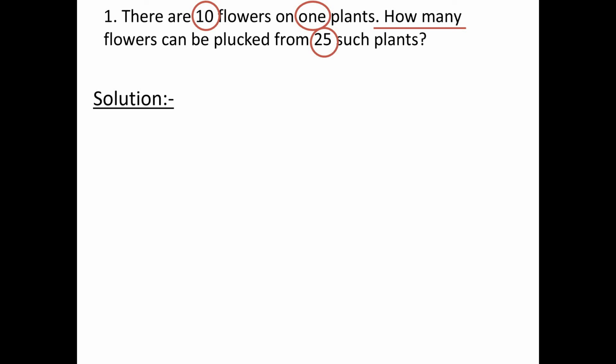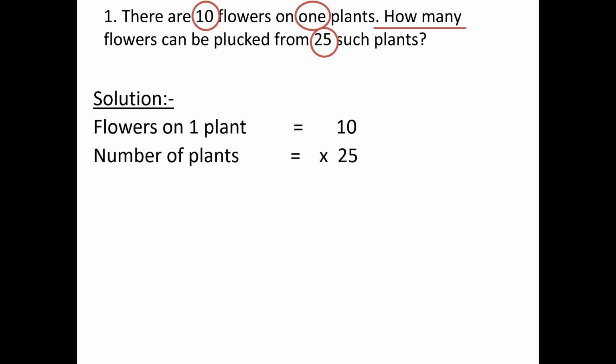So what we'll do is multiply. Flowers on one plant 10, number of plants we have is 25, and now we'll multiply. 5 zeros are 0, 5 ones are 5, put a 0. 2 zeros are 0, 2 ones are 2.